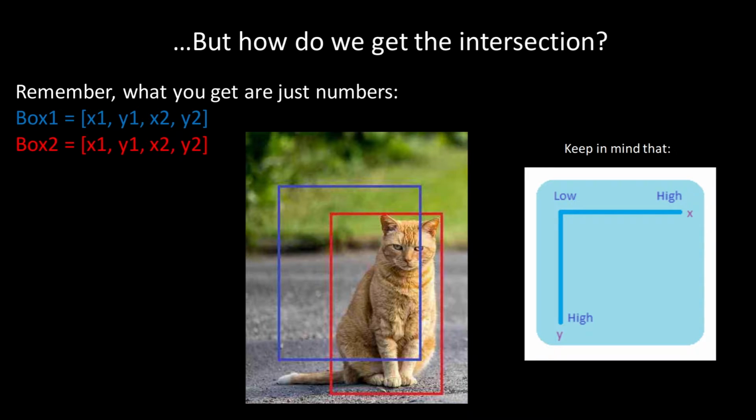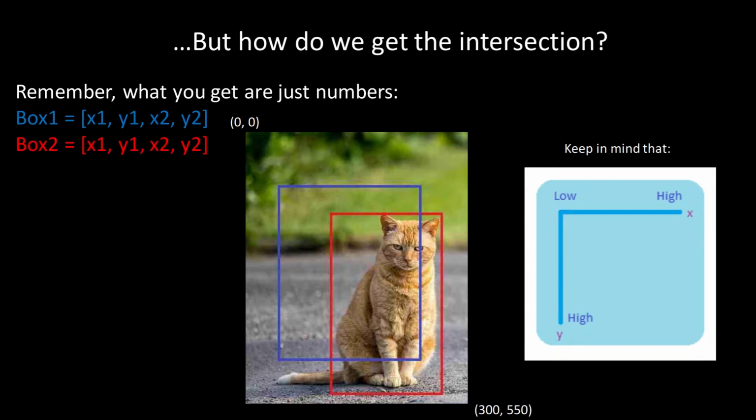One thing to keep in mind when we're doing all of these calculations is that the origin in computer vision for images is in the top left corner. So the origin is at the top left, and as you go to the right of the image, moving horizontally, your X value increases, and as you go down vertically, your Y value increases.